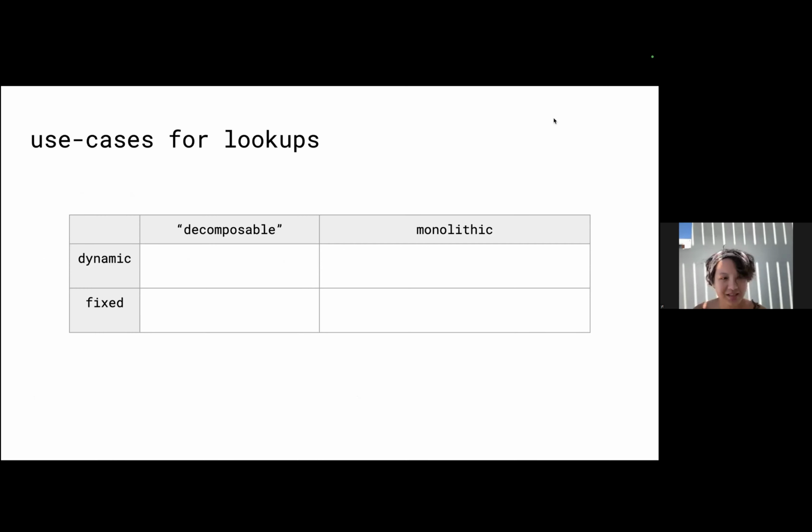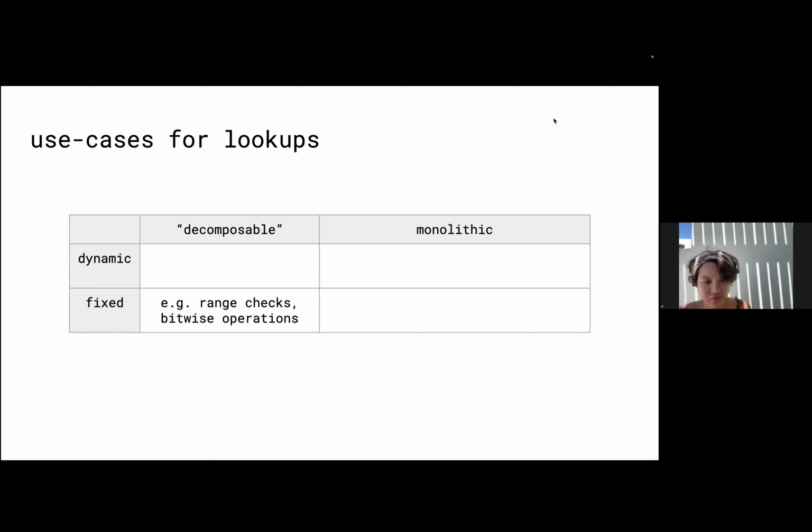I've been thinking of the use cases in these four categories. Perhaps the most common ones are fixed lookups that are very structured and very decomposable. Here I'm using decomposable loosely. There are formal definitions of decomposable, especially in the Lasso paper, but what I mean is loosely that the lookup table can be broken into smaller tables and then reassembled to give the final result.